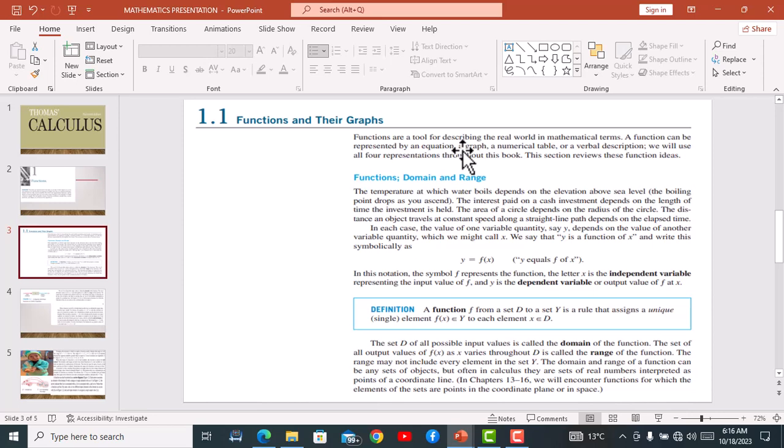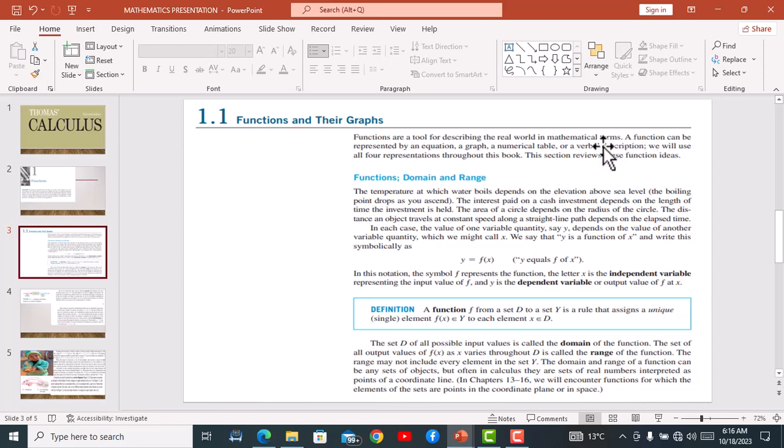All right. Okay, we are saying a function can be represented by an equation, or a graph, or a numerical table. So these are the different ways in which we can represent a function. We can write a mathematical equation, or draw a graph that tells us how the function behaves, or use a numerical table. So we can have, for example, a table of values for x and y, and we can have an equation, and we can fill up the table based on the equation that we have understood, based on the relationship that we have seen happening between these things.